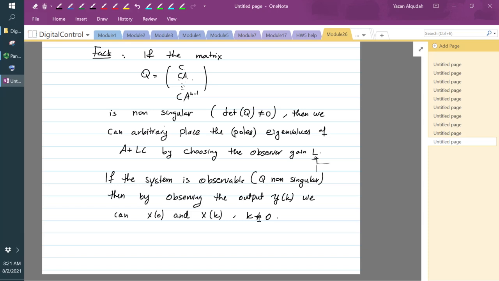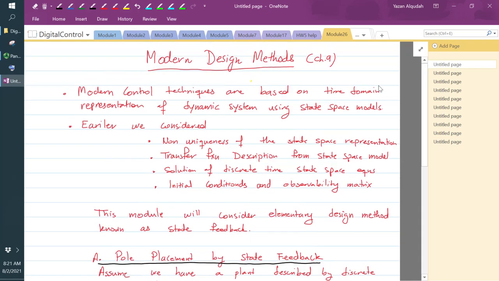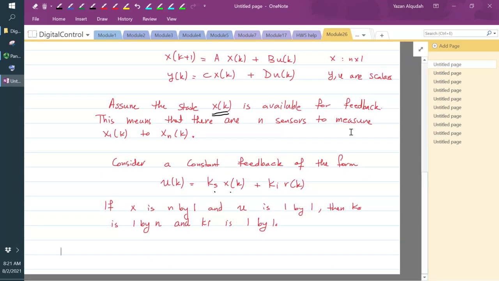Okay. So again, we just introduced the modern design methods. We looked at two concepts that are the takeaway from this module: controllability and observability.